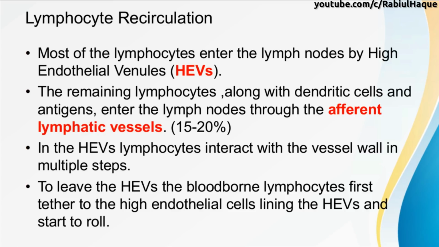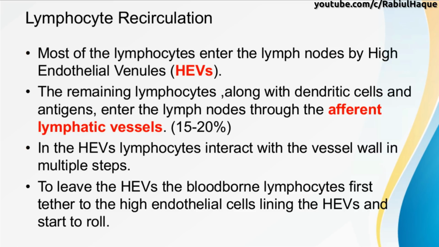The remaining 15 to 20% of the lymphocytes, along with dendritic cells and antigens, can enter the lymph nodes through afferent lymphatic vessels. In the high endothelial venules, lymphocytes will interact with the vessel wall in multiple steps.